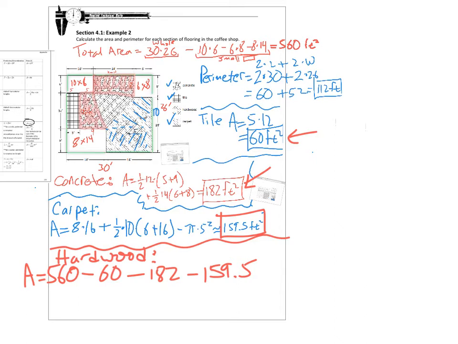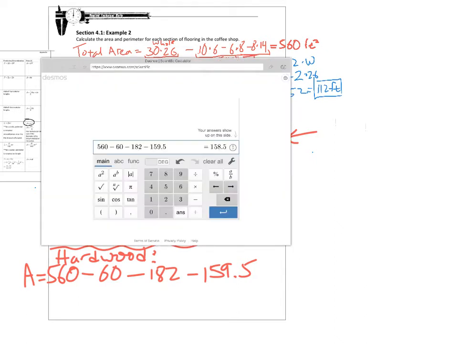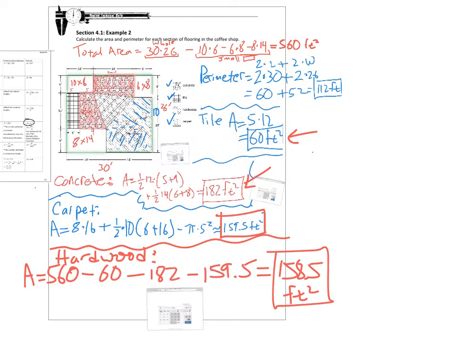And so, for the grand finale, we get 158.5 square feet. There it is. So that total area, even though we weren't asked for it, came in handy.